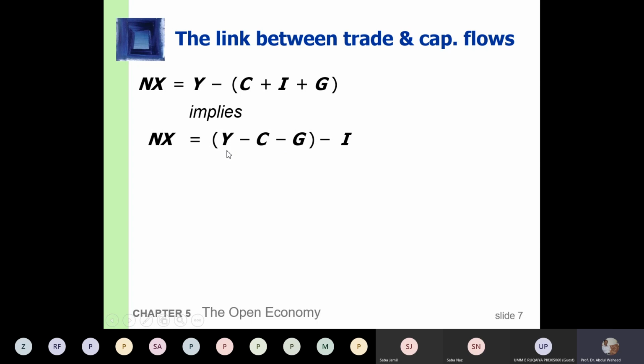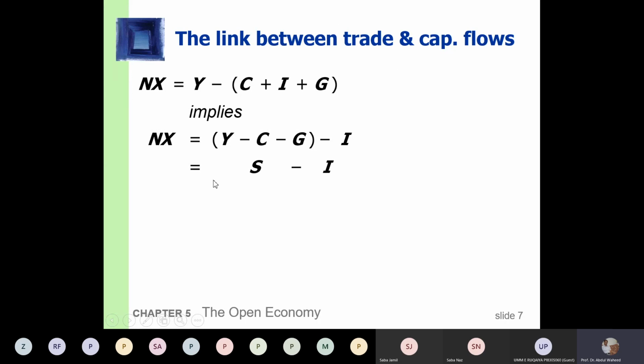Then what is Y minus C minus G? Saving. Yes, this is saving. So net export equals saving minus investment.